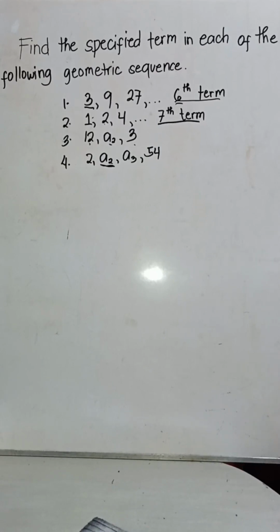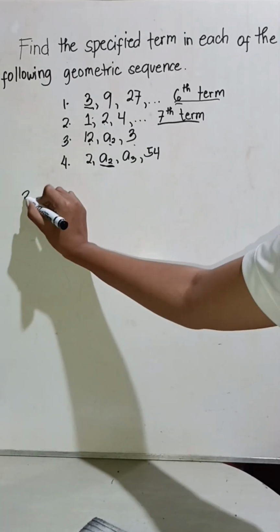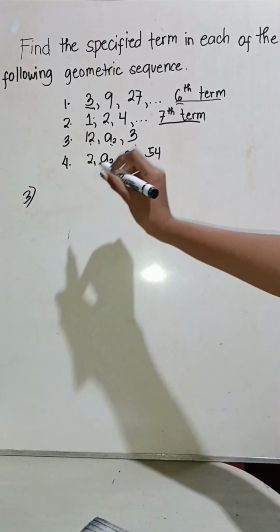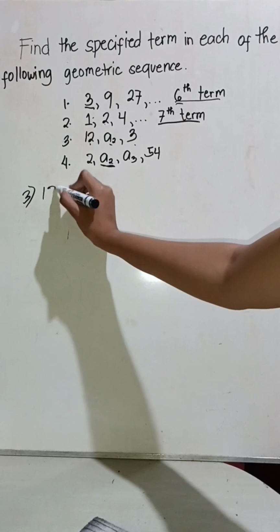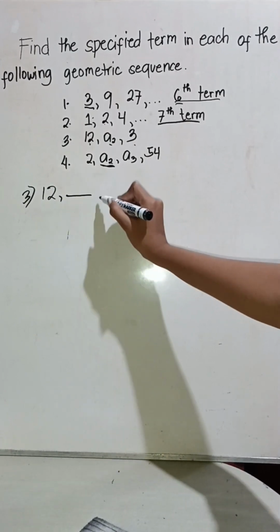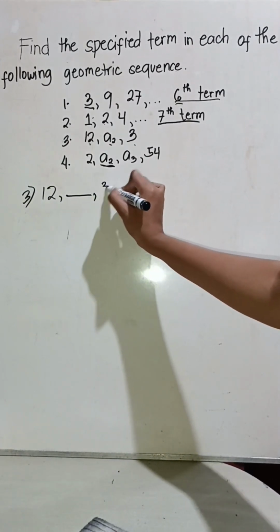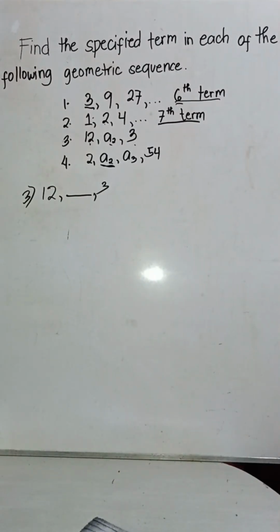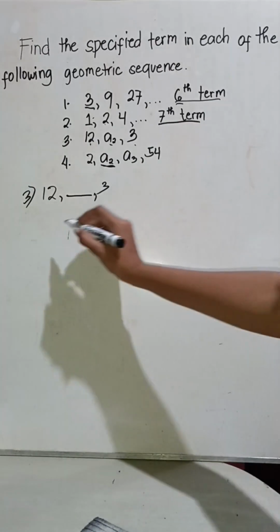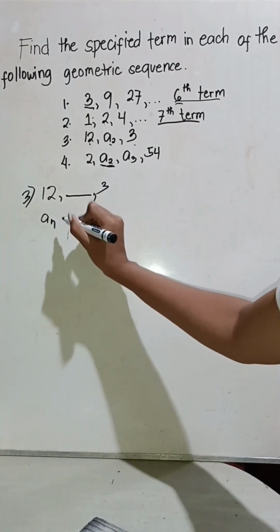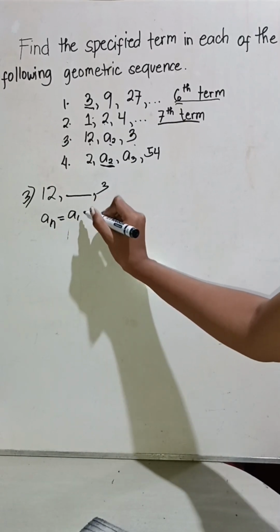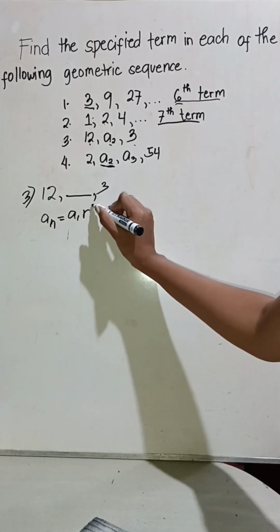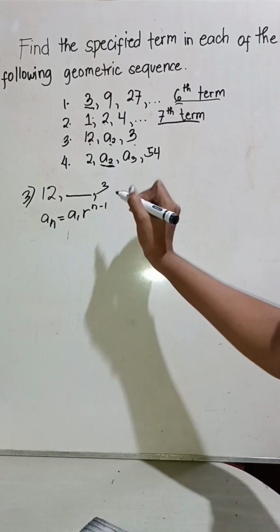So now let us have number 3. In number 3, if we rewrite it, it becomes 12, a blank, because the second term is missing, then 3. If we use the same formula, a sub n is equal to a sub 1 times r exponent of n minus 1.